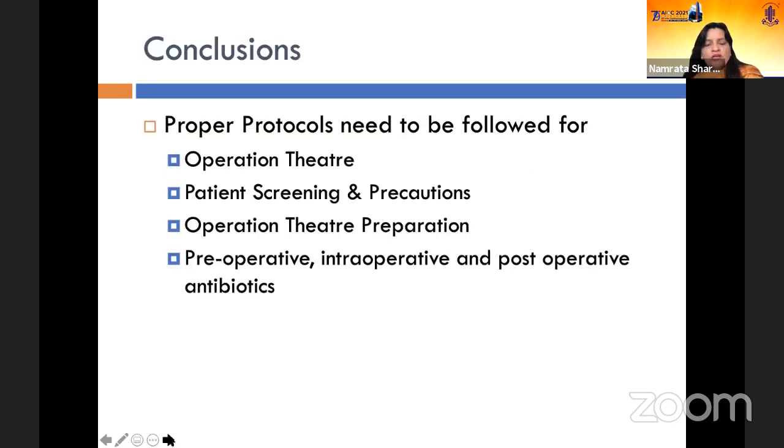And so we conclude from this study and also otherwise that proper protocols need to be followed for operation theater, patient screening and precautions, operation theater preparation, and preoperative, intraoperative, and post-operative antibiotics.